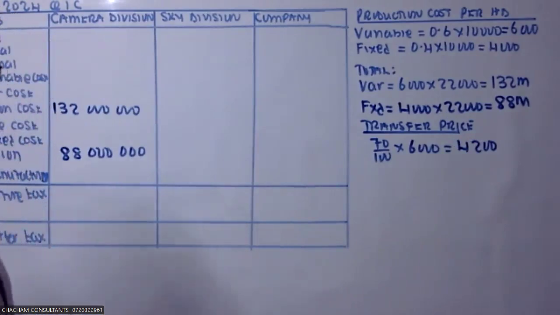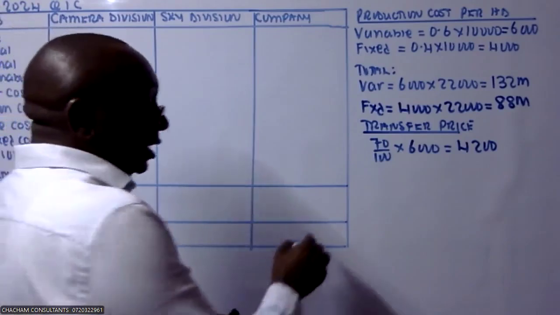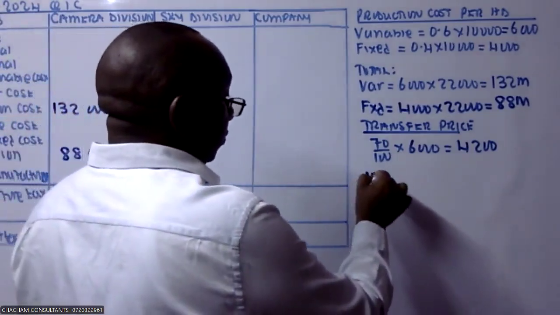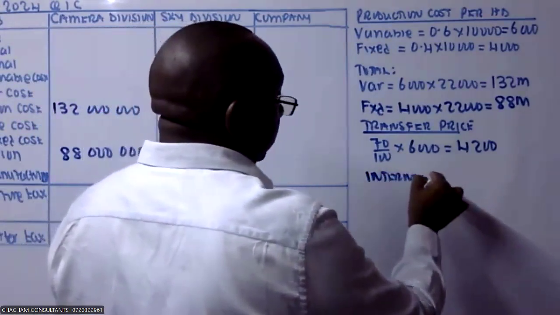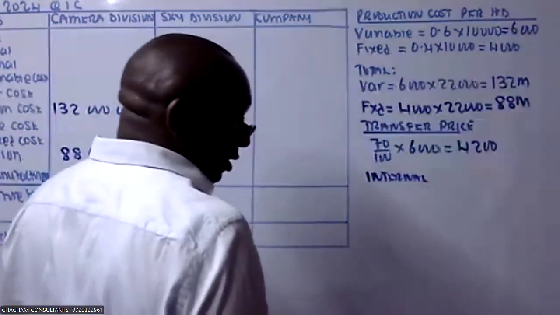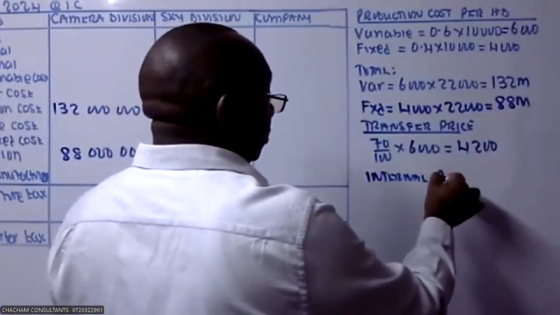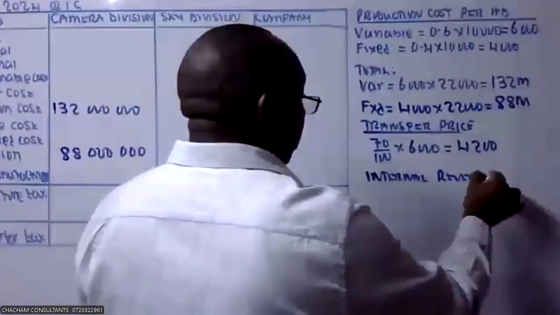So if that is the transfer price, then we'll be able to get the internal revenue. So let me just call it internal revenue.